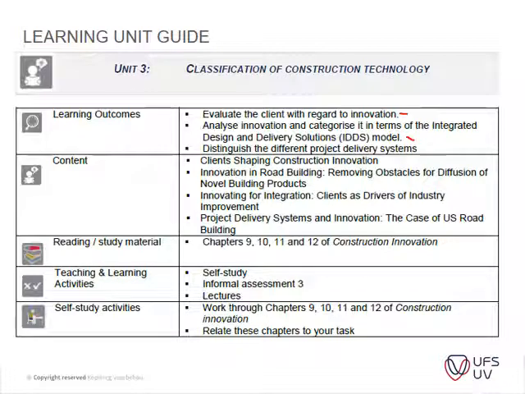Okay, we're going to categorize different clients and different stakeholders towards innovation, and then we're going to distinguish the different project delivery systems. Okay, and this is mainly chapters 9, 10, 11, and 12 of the Construction Innovation book.